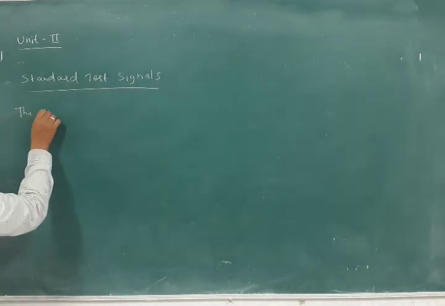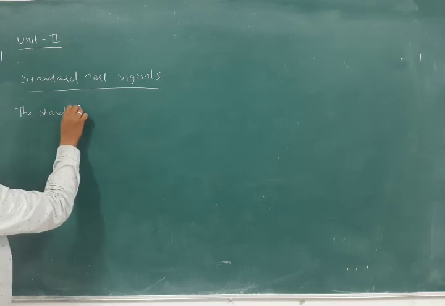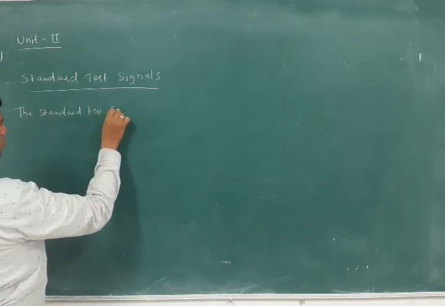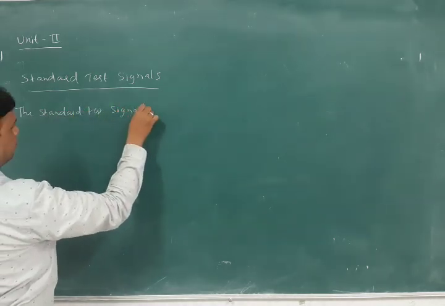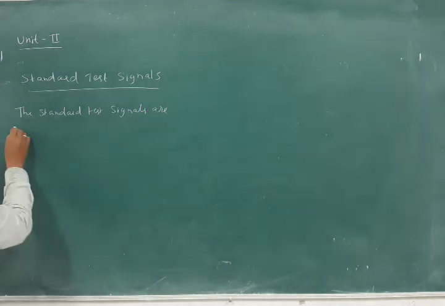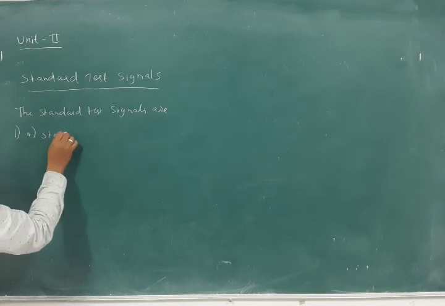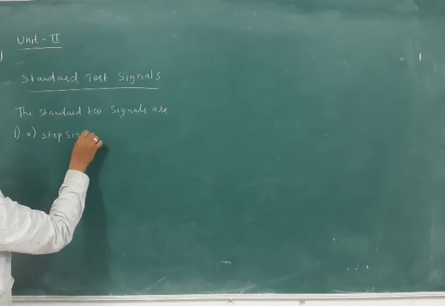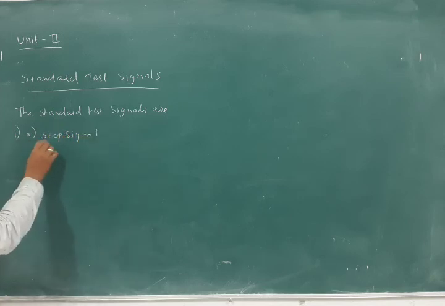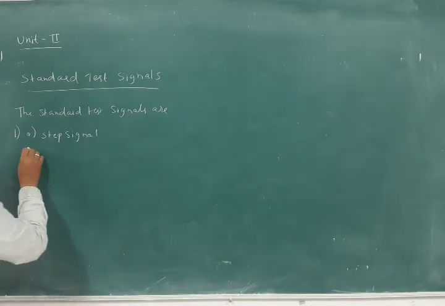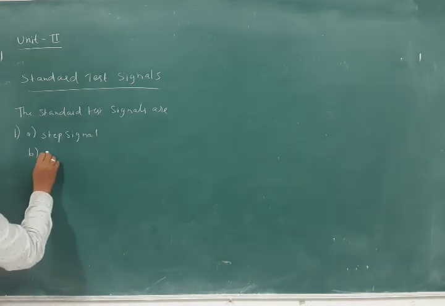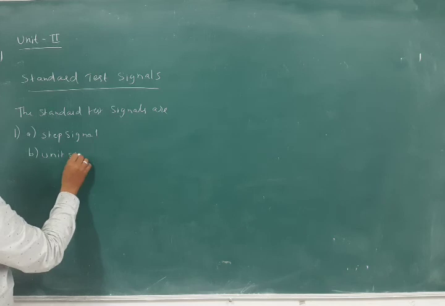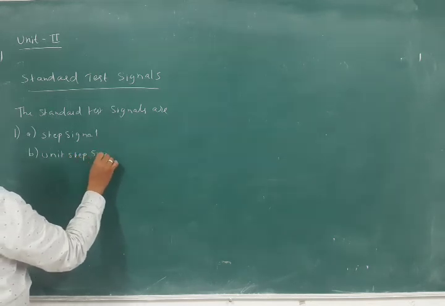The standard test signals are, first, category A, the step signal, and we will deal with each and everything in detail. And B is the unit step signal: step signal and unit step signal.